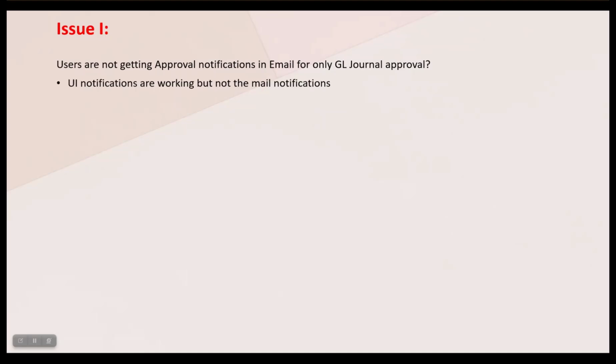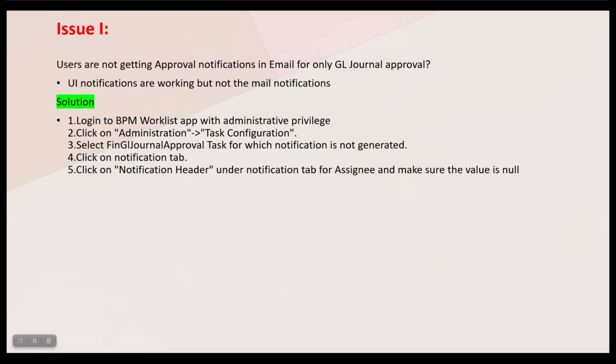What else? Users are not getting approval notifications in email for only GL journal approval. In this case, UI notifications are working but not the email notifications. So you have to log in to BPM, go to administration, task configurations, and find the GL journal approval task for which notification is not generated.